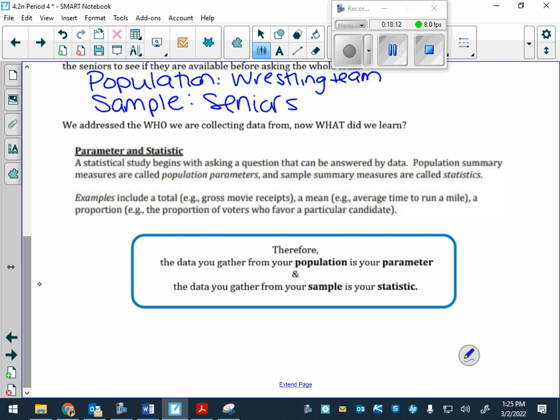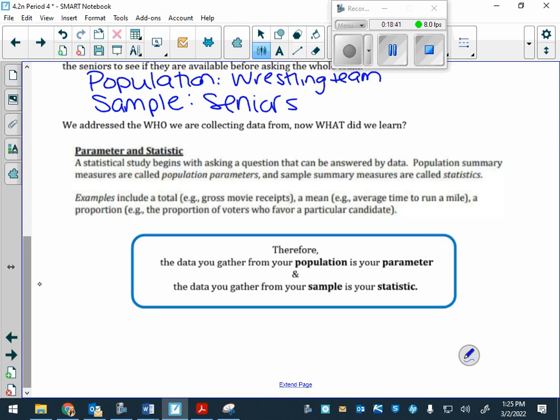Population summary measures are called population parameters, and a sample summary are called statistics, which is a lot of the information we receive on a daily basis, okay? So examples include a total, gross movie receipts, a mean or an average, the proportion, the percent. Those are some key words we will hear. And they're going to be very similar for both parameter and statistic, okay?